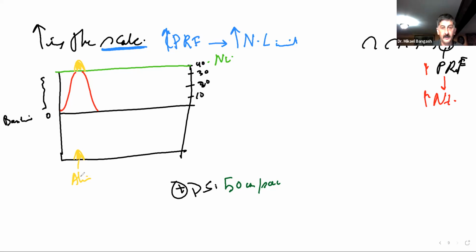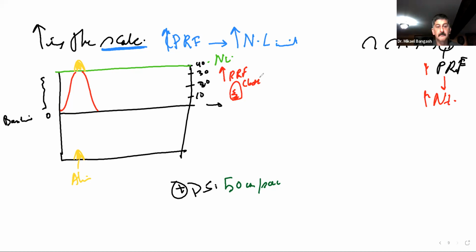Now what we'll do in this case is our PRF button or knob. We will increase it. How do we increase it?